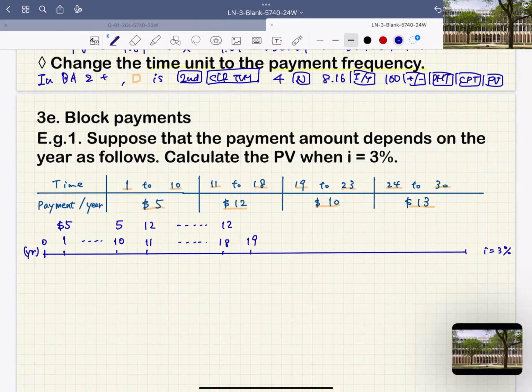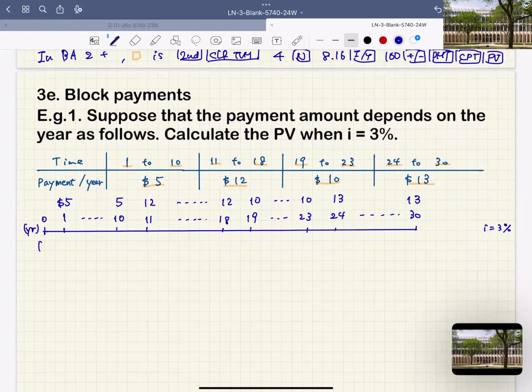Then 19 to 23, $10 each. And 24 to 30, so around here, this is equal to 30. And we want to evaluate the present value here.